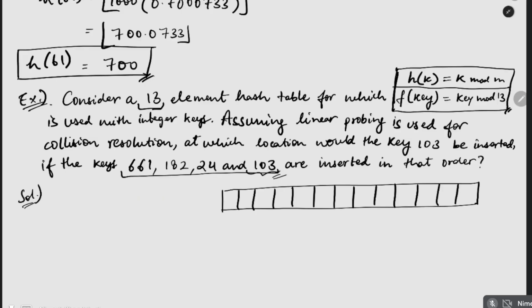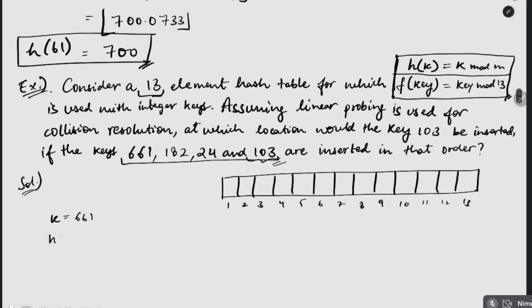Okay, so this is our 13 element hash table. Right, now this is empty to start, and now we have to add these values. We need to start by adding 661. So k is 661.